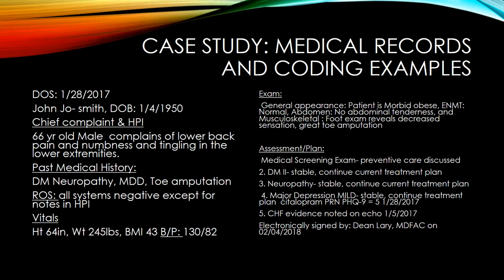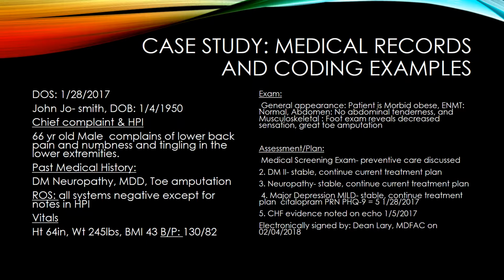All the systems were reviewed and were negative except for the lower back pain and numbness and tingling. The patient is 64 inches, weighs about 245, and the BMI is 43. The blood pressure is 130/82. Everything seems good with the exam except that the patient is morbidly obese, and the foot exam does reveal decreased sensation with the great toe amputation.